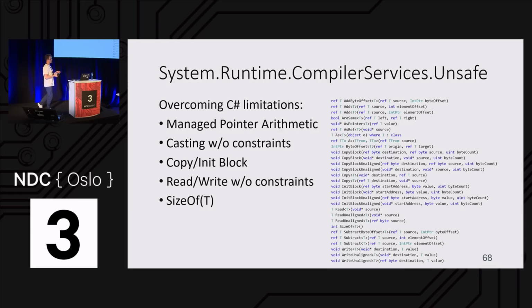And there is one extra feature for the performance geeks. As you know, C# is compiled to IL code, which offers us a lot of features. But C# offers us only a subset of the things that IL can do. Some of them are sometimes required when you want to go really high performance. For example, you would like to do managed pointer arithmetic.